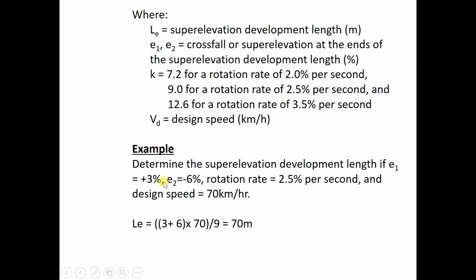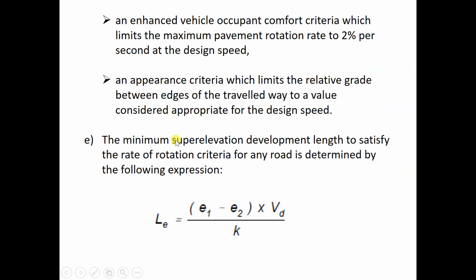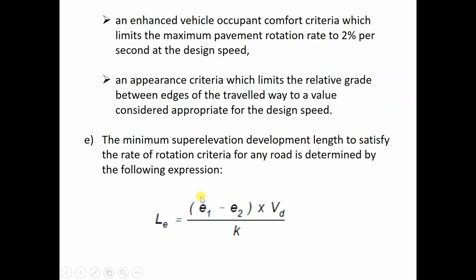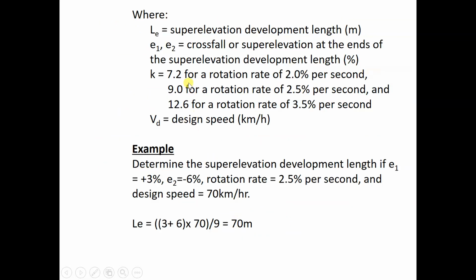So we look at the example. The LE is the super elevation development length. LE is equal to E1 minus E2, the whole thing in brackets, times V divided by K. E1 and E2 are the cross falls at the ends of the super elevation development length.